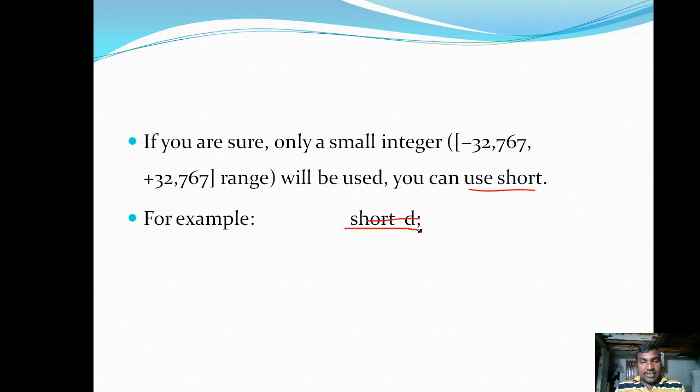So short d means d is a variable of short type, which can store smaller range integer values, from minus 32767 to plus 32767. This is the range of these small integers.